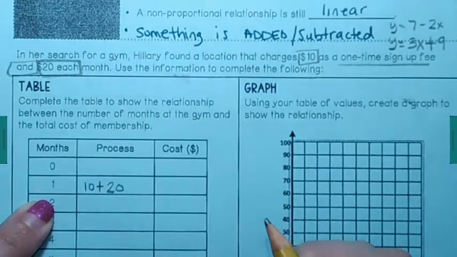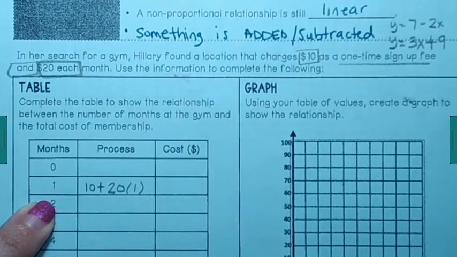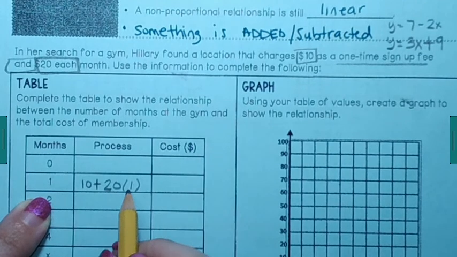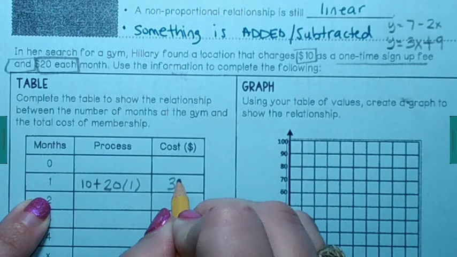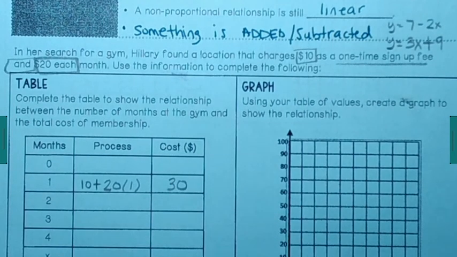Well, how many months is that first month? Just one, right? Okay, so 20 times 1, plus 10 is 30. So for that first month, I'm paying $30.